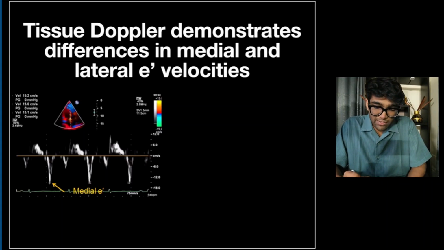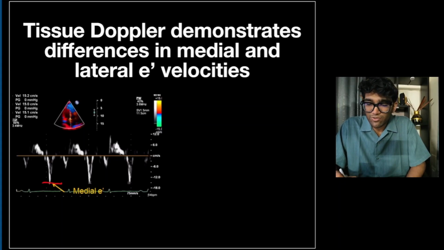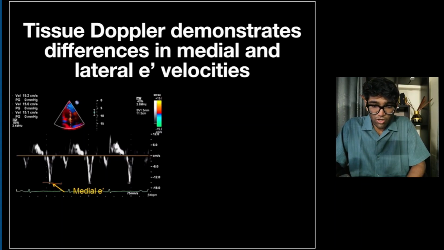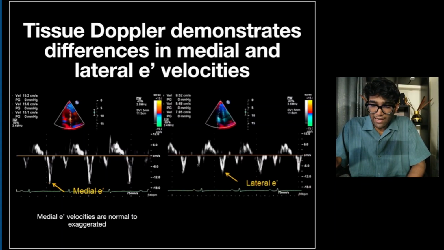So what we find is that the medial E prime velocity here is preserved. Okay, actually, if you look at it, it's slightly elevated. You don't expect a medial E prime velocity of between 12 to 18, but it's coming here. It's quite elevated. It's 15 probably. On the other hand, what we find is that the lateral E prime velocity is lower than expected.